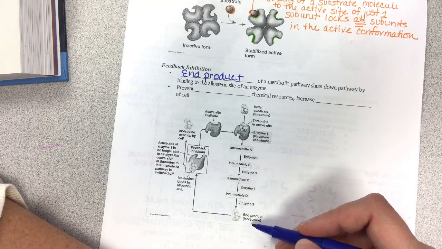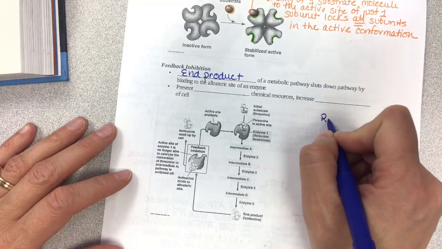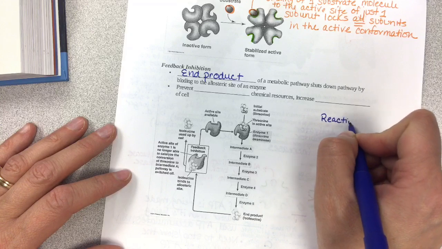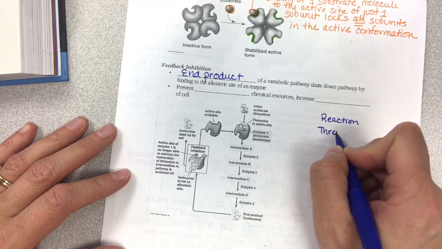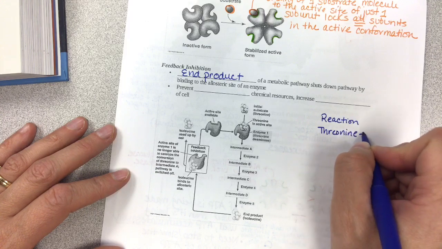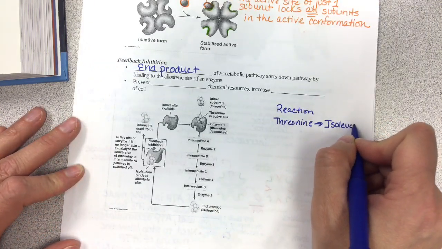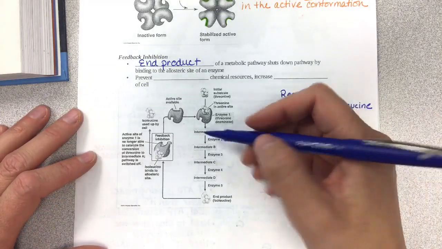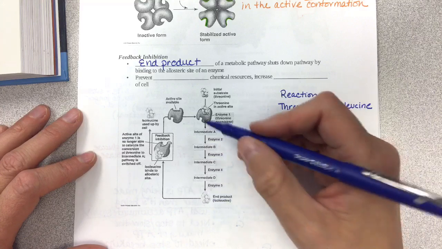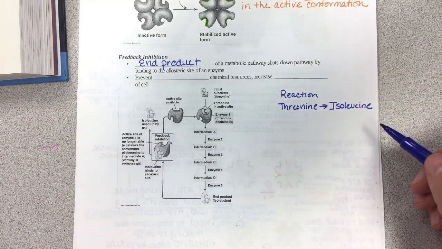So oftentimes we say the reaction is we're converting threonine to isoleucine, both amino acids. And this arrow here represents a pathway. So there's really several smaller steps that need to happen.